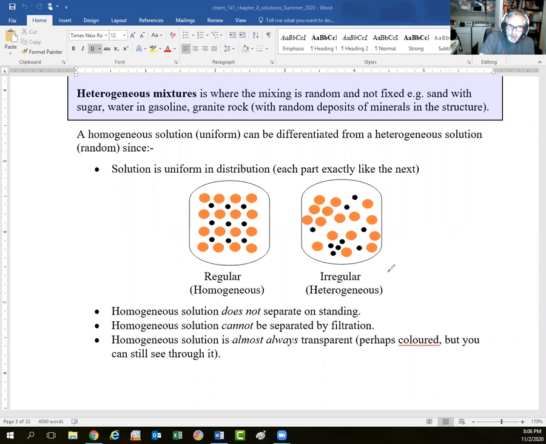Sand and water would be a good example. Depending on where we sample the solution, it could vary in concentration of solute compared to solvent. And so sampling the solution is not reflective of the greater whole. That can be a problem.